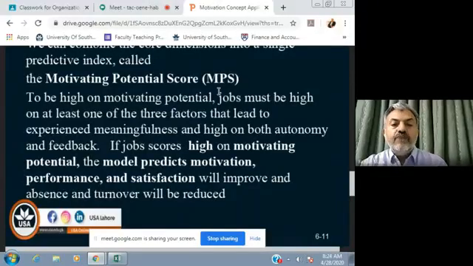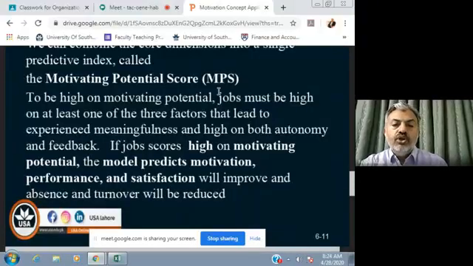If a job scores high on motivating potential, the model predicts motivation, performance, and satisfaction will improve, and absence and turnover will be reduced.